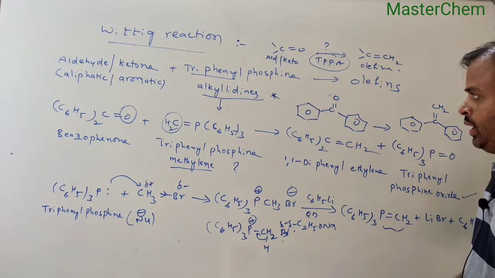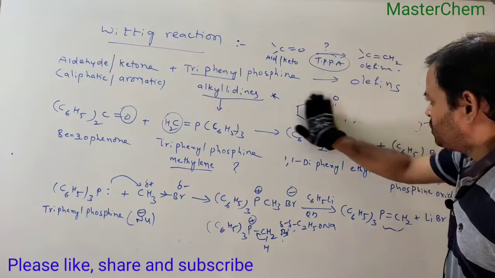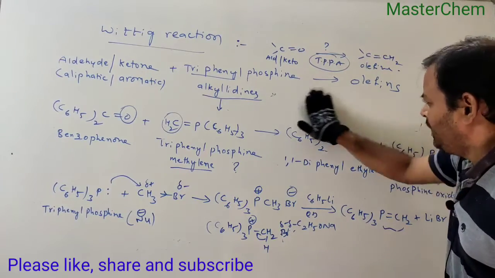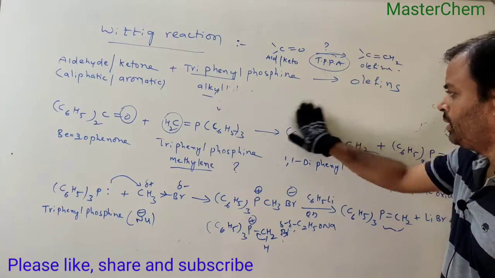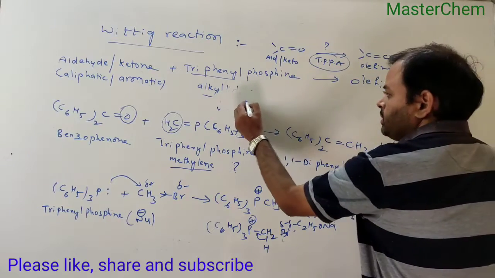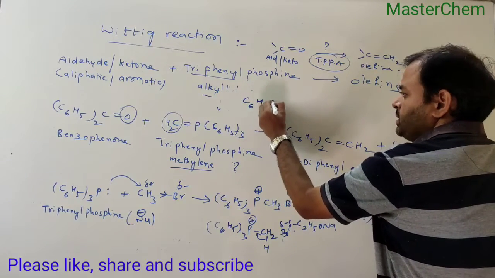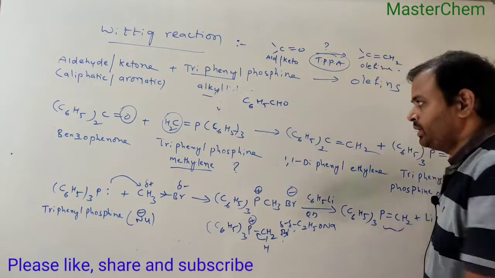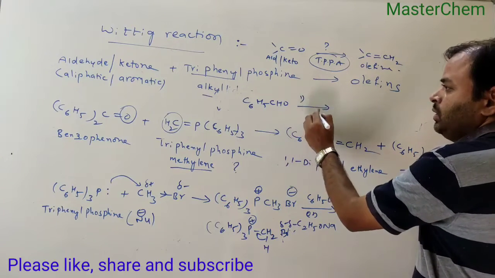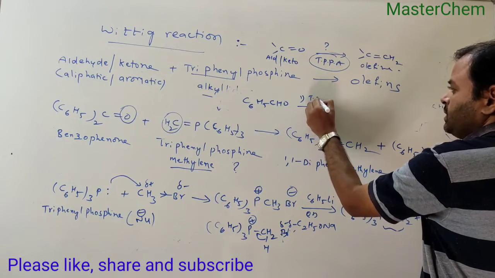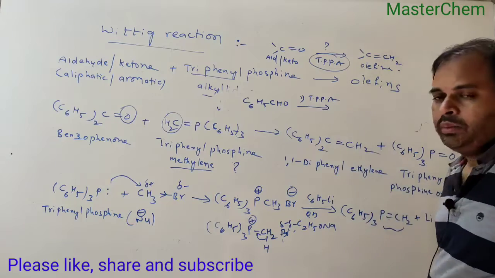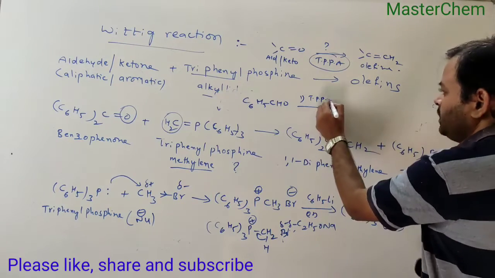In your examination, if you get any aldehyde or carbonyl compound, for example C6H5CHO, first use triphenyl phosphine methylene.